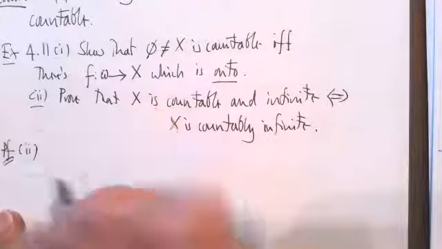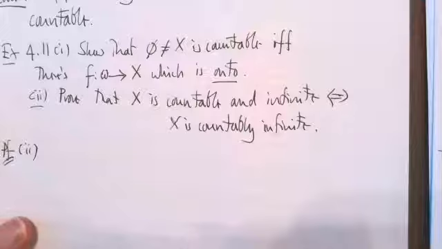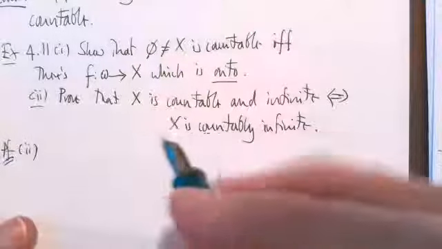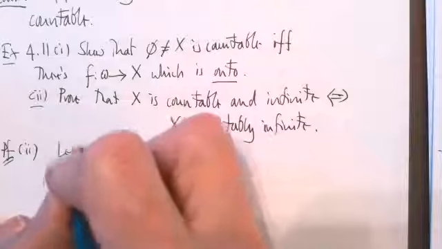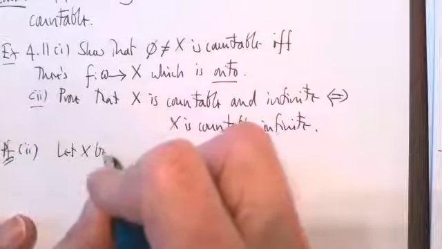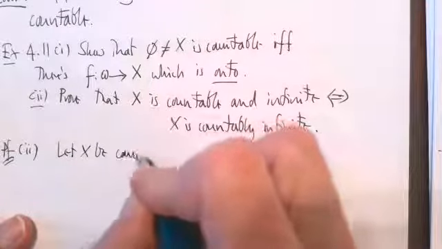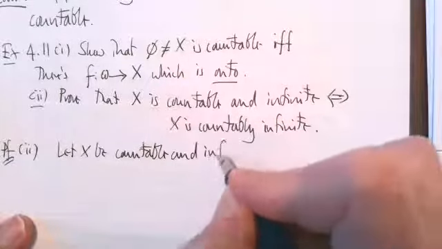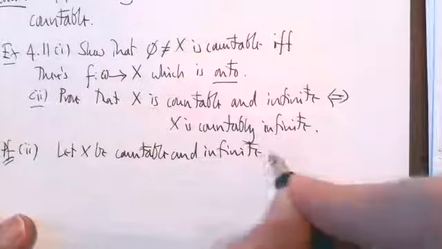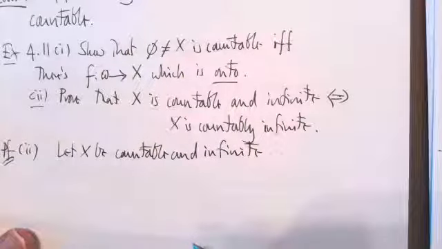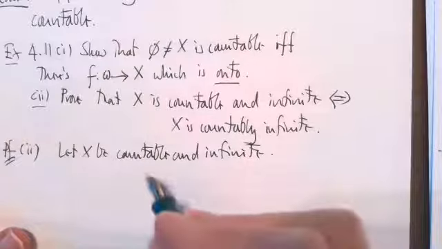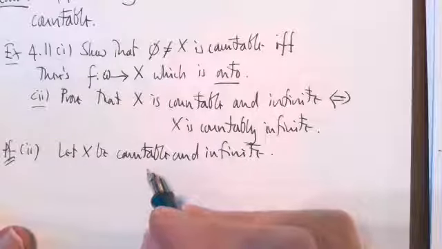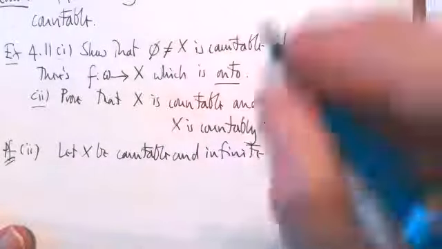So let's just look at, I'll do 2 then. So let X be countable and infinite. Because it's countable, it's injective into omega.